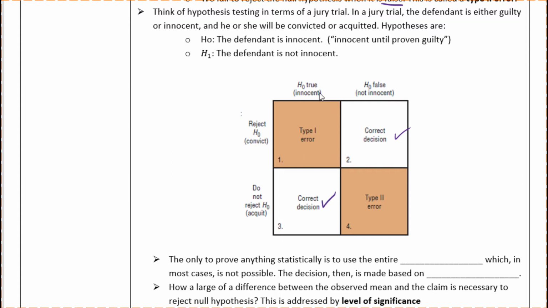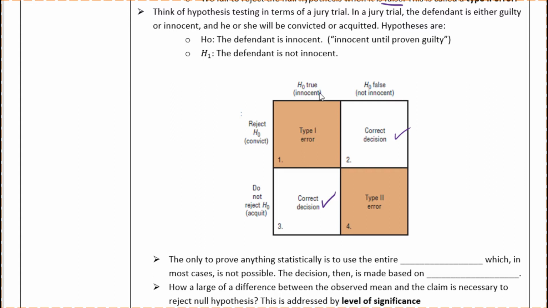We made a correct conclusion. If we don't have enough evidence to reject the null, then we don't have enough evidence to say whether they're innocent or not. Since we're not rejecting it, we're failing to say that they're not innocent.